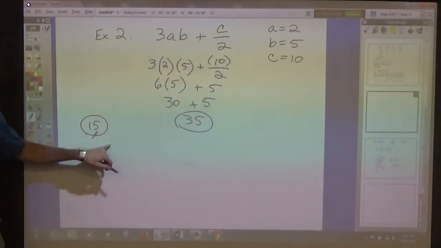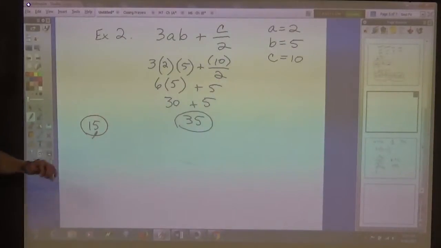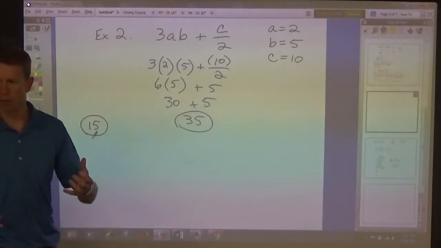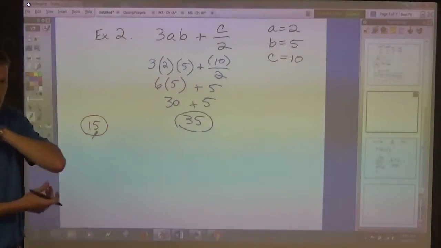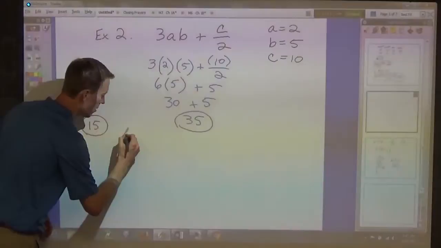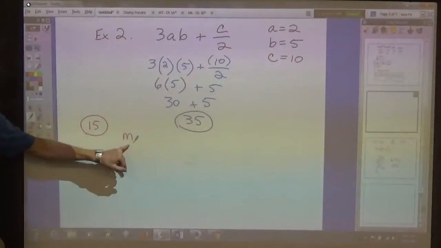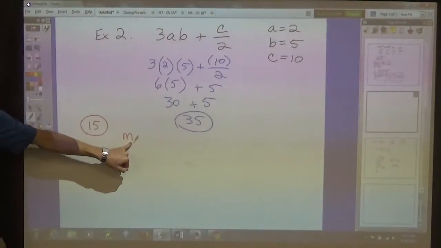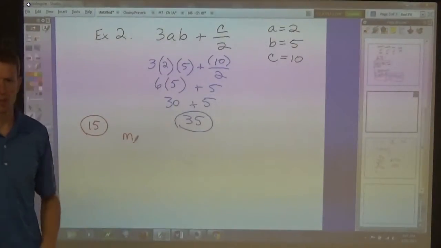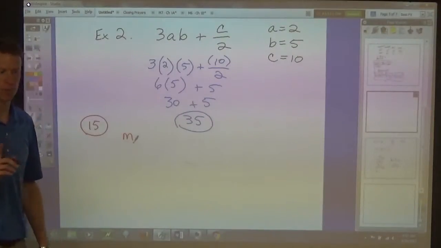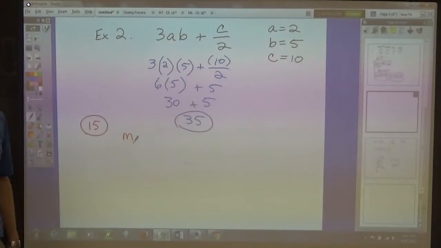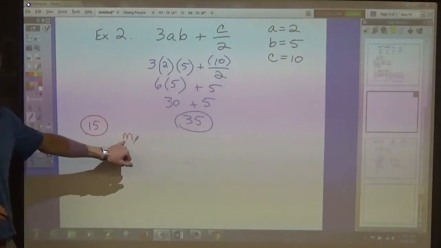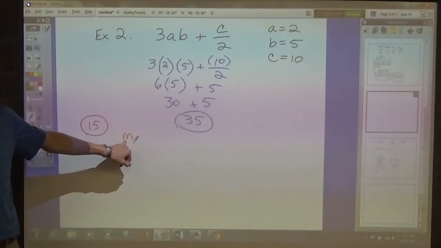Whenever you're writing expressions, you're going to have to define a variable. So they give us m to use for that letter. What does m equal? What does m mean in this? This is the first step you're going to have to do. This should be in your notes, okay?